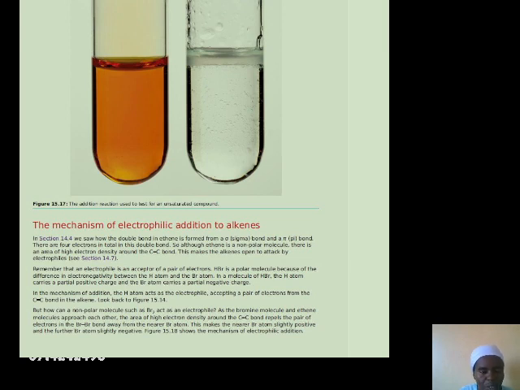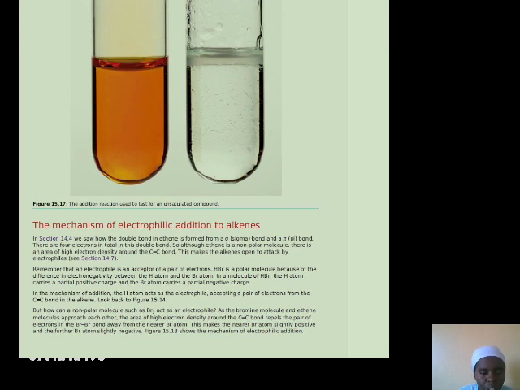An electrophile is an electron acceptor, or it accepts a pair of electrons from another molecule. HBr, hydrogen bromide, is a polar molecule because of the difference in electronegativity between the hydrogen and the bromine atoms that form the bond.